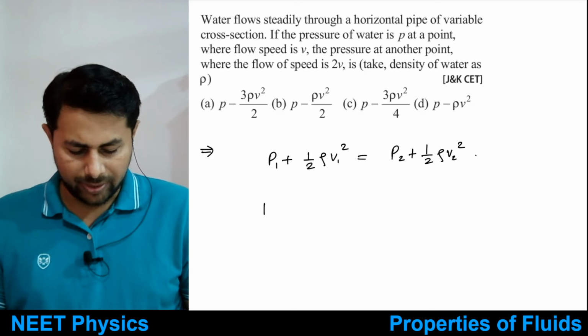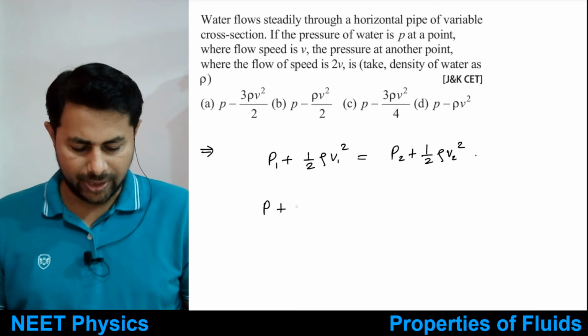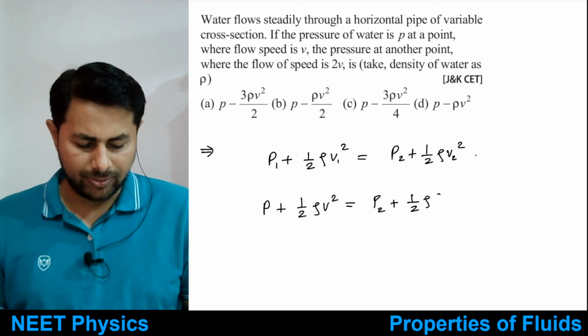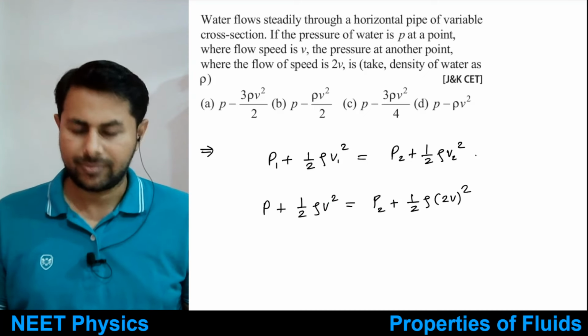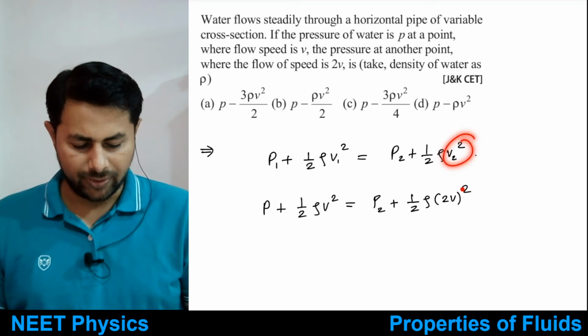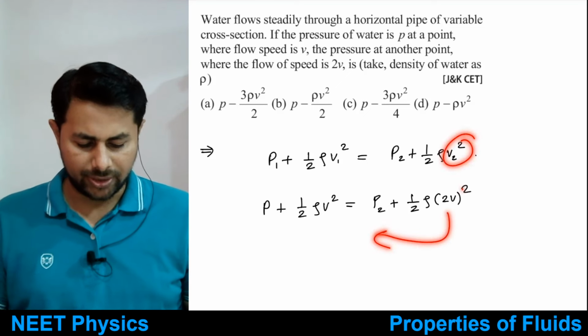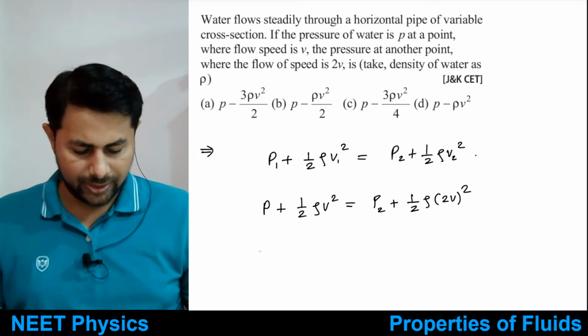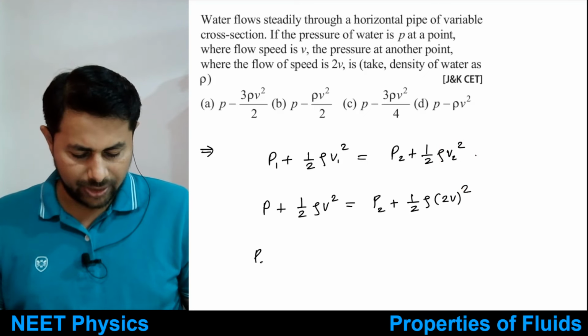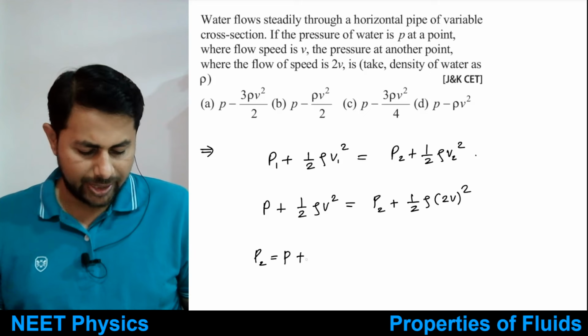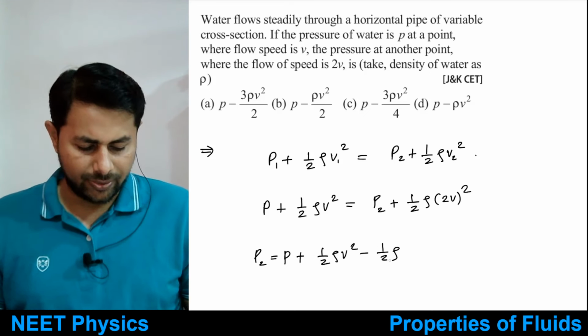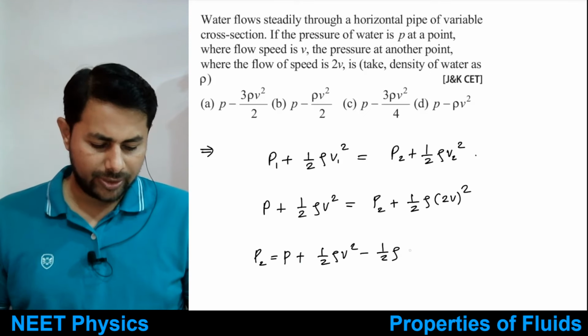So let's put the values. P1 is P plus half rho V square, which is equal to P2 plus half rho (2V) square. V2 is equal to 2V. Let's move this term on this side. You get P2 is equal to P plus half rho V square minus half rho times 4 V square.